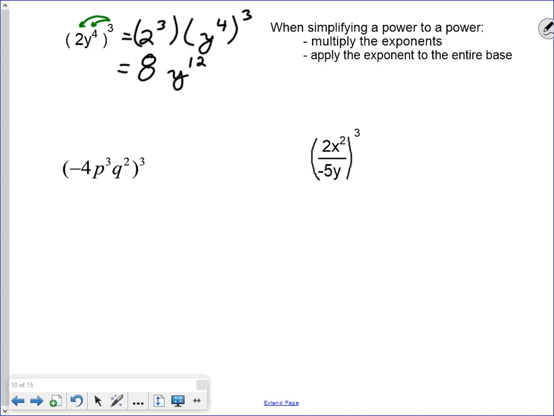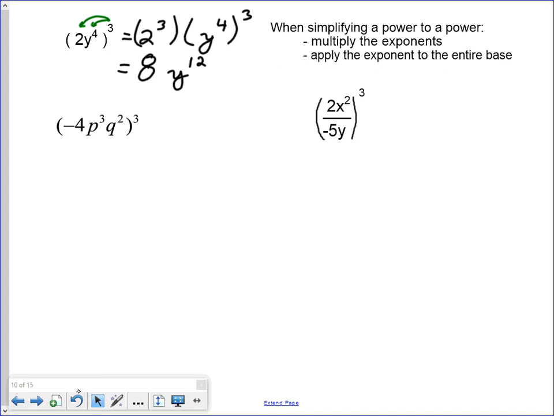Okay. Our next example here, I've got negative 4 p cubed q to the power of 2, all of that to the power of 3. Take each of these things, 1, 2, 3, inside the brackets, and raise them to the power of 3. Negative 4 to the power of 3. Okay. p cubed to the power of 3.